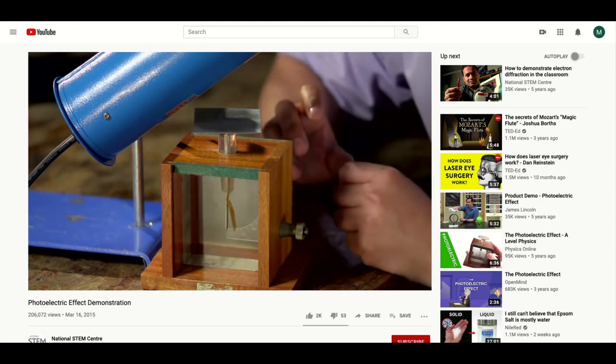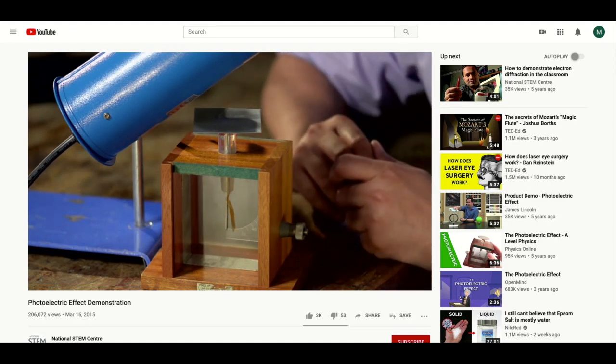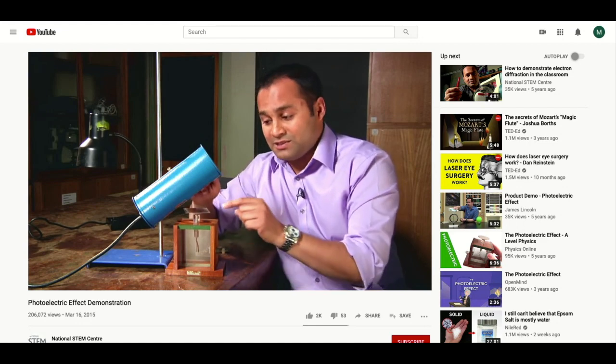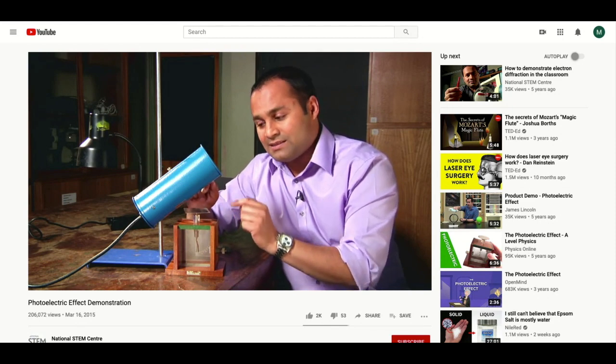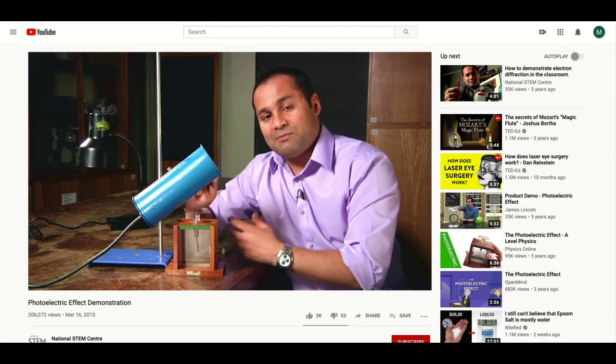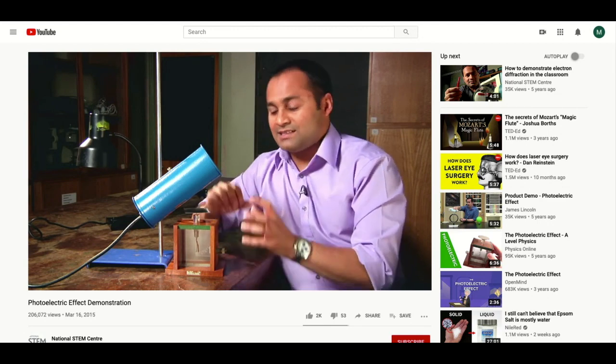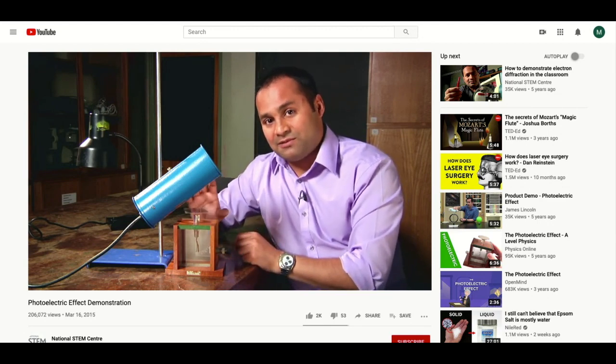You can see that the gold leaf immediately starts to fall. And that must mean that the UV light is somehow discharging the electroscope. We know that we started with negative charge on the plate, so the UV light must somehow be releasing the electrons. And the important thing to notice is that it's the frequency of the light that makes a difference.